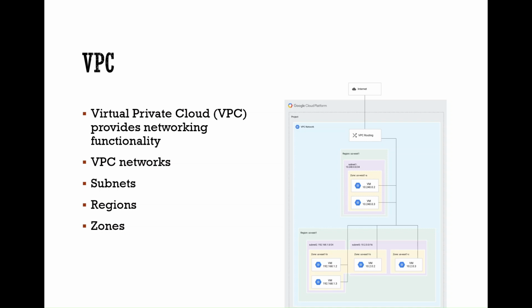So these are isolated, and this feature helps you maintain privacy and security while designing an architecture. For our demo, we will be using the default VPC, which is global in behavior, so don't worry about that.